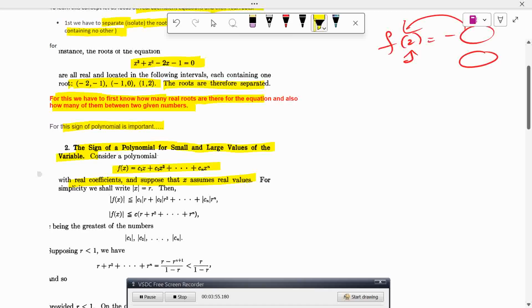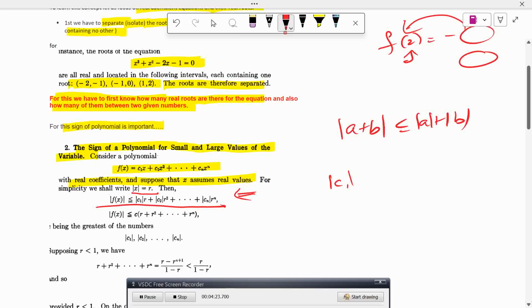with real coefficients. We are taking the modulus with the triangle inequality, you know triangle inequality, right? The modulus of a plus b is less than or equal to mod a plus mod b. So similarly we will split every term like that, less than or equal to, and we are taking mod of x as r for simplicity, so we will get something like this, and mod of c1, mod of c2, etc., mod of cn.